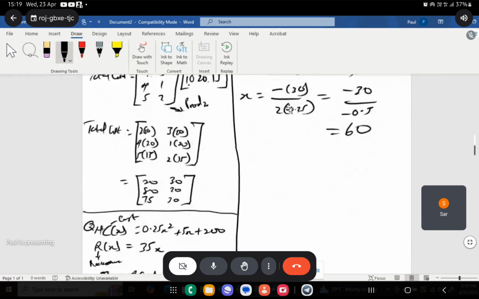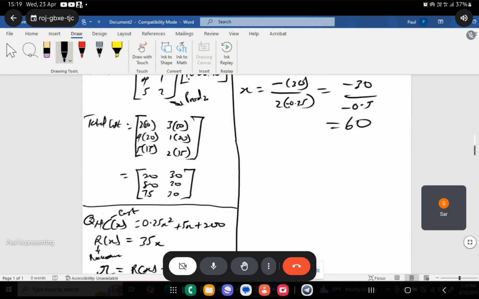Another approach, let me use an alternative. You can say that the profit was this, minus 0.25x squared plus 30x minus 200. So you differentiate. The derivative of profit over x will be equal to what?